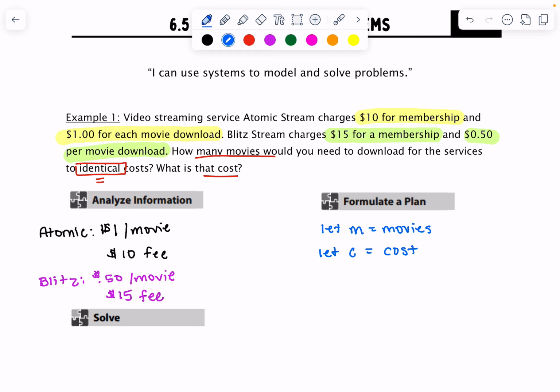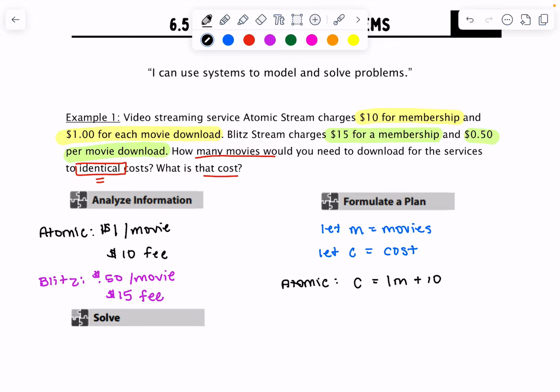And now I need to create some equations for this. So Atomic, if I were to make an equation for this, I could say that the cost is going to be equal to that $1 per movie, so 1M, plus that fee of 10.